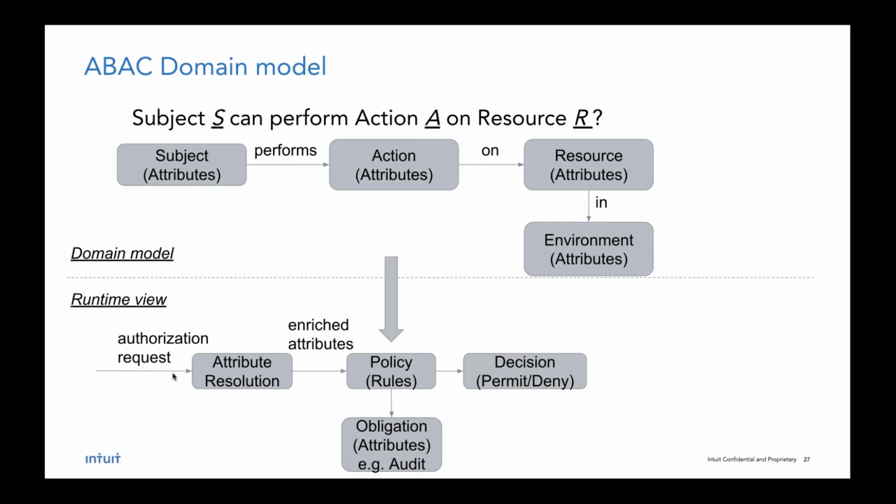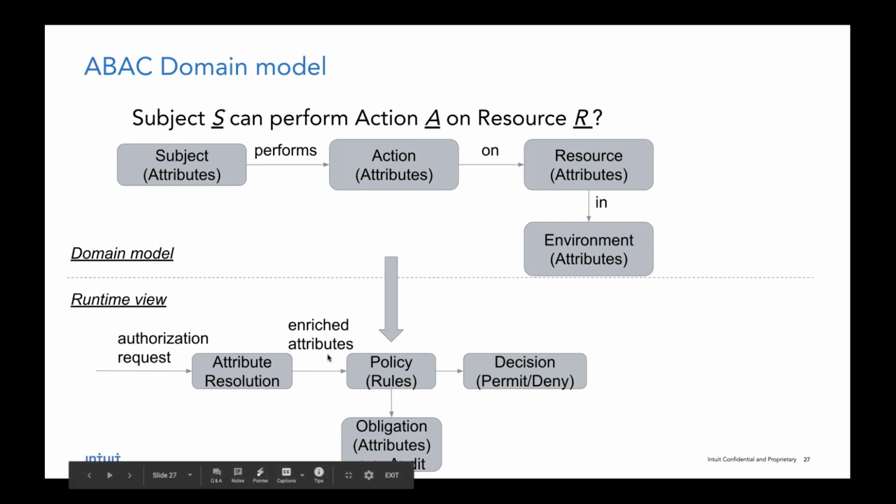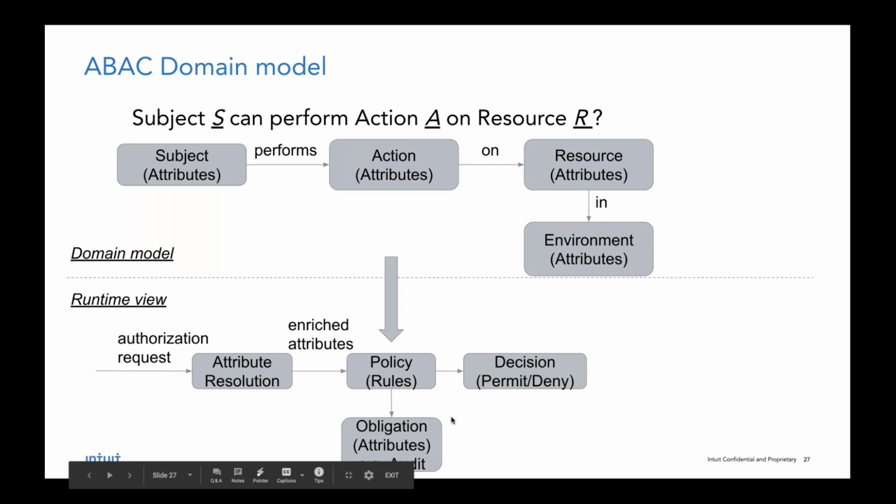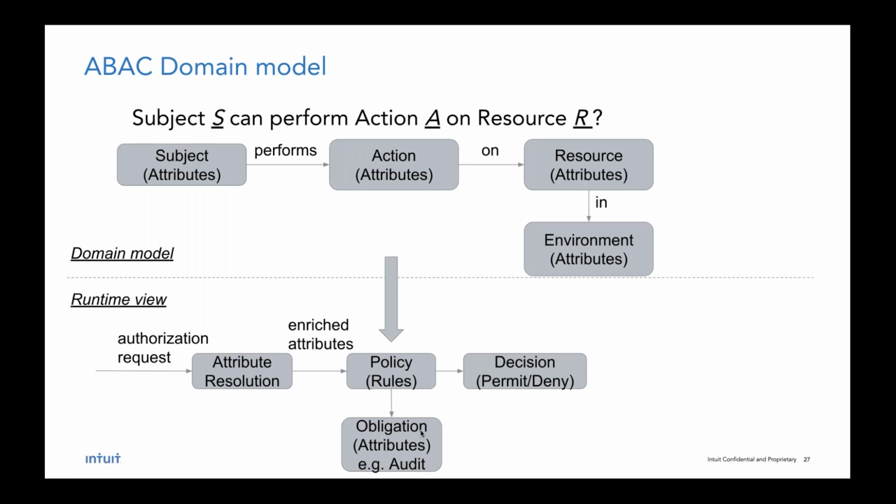At times the policy needs some more attributes, and we use a process called attribute resolution to fetch more attributes, and pass all the attributes that are in the request and fetched using attribute resolution into the policy. The policy makes a decision and gives a permit or deny output. One more thing the policy can do sometimes is create an obligation, which is again a set of attributes. It's a request to the ABAC system or the consumer to do something, for example, create an audit record or send an email about an improper access.